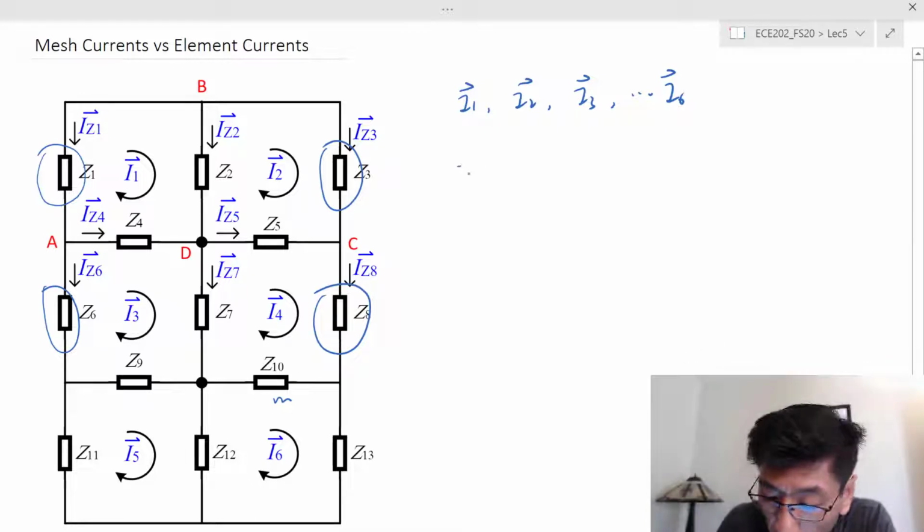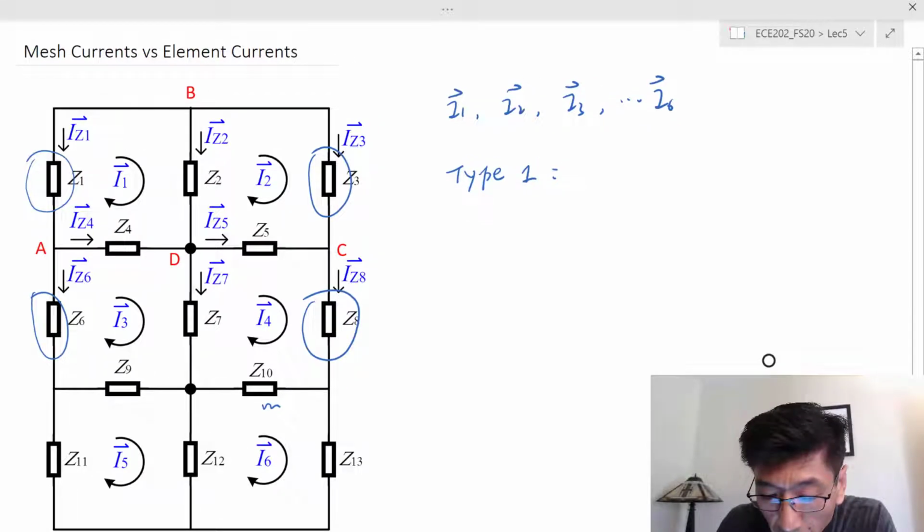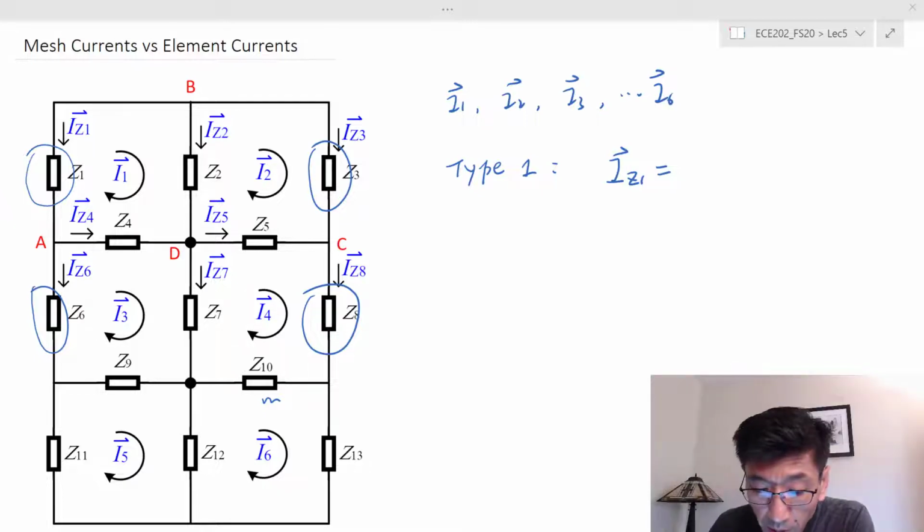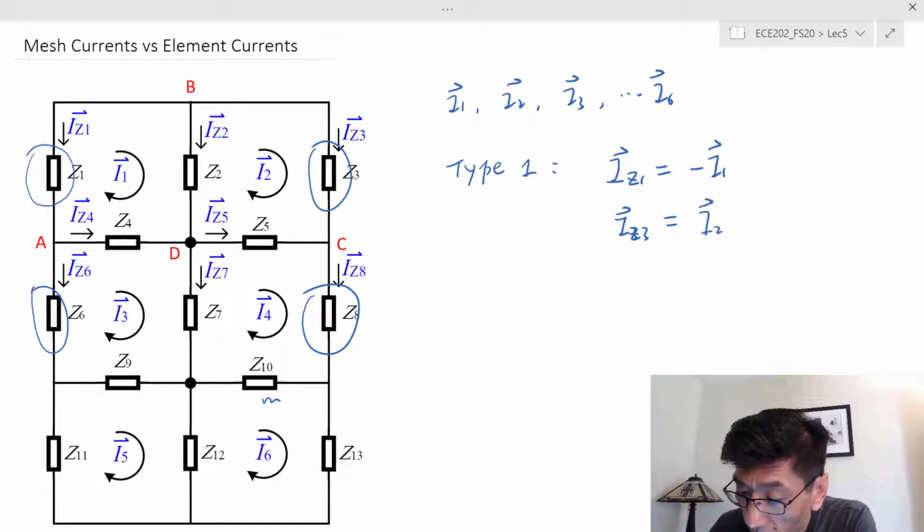So this is type 1. In type 1, the element current I sub Z1 is going to be equal to negative I sub 1, right? And I sub Z3 is equal to I sub 2, because they are in the same direction.